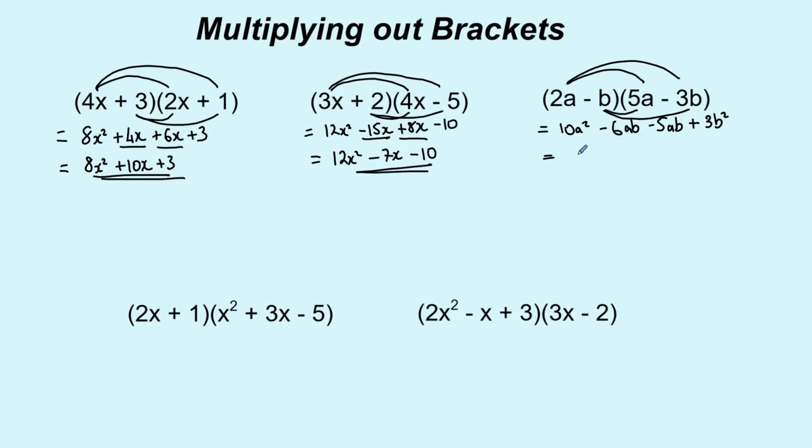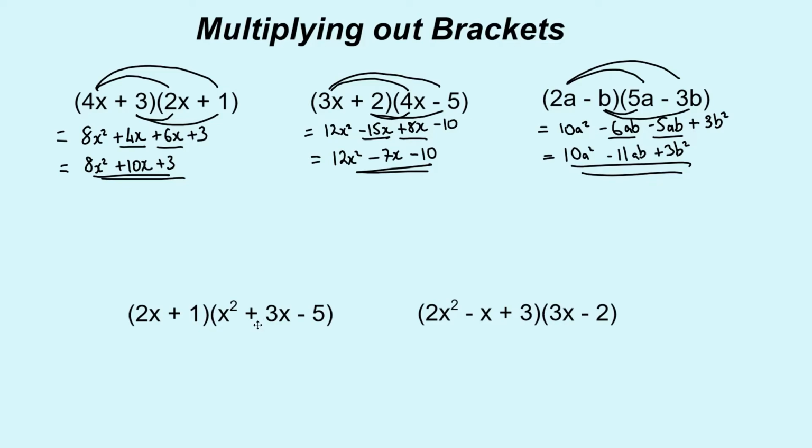Again, collecting like terms, we've got only one a squared term. We've got minus 6ab and minus 5ab. That's minus 11ab altogether, plus the 3b squared at the end. So the fact that there was the extra letter term at the end of each bracket didn't make much of a difference to our actual working.